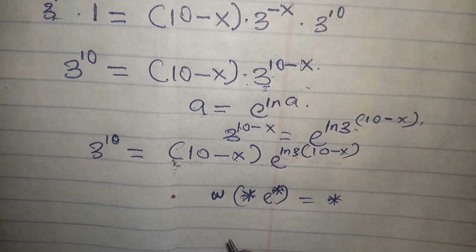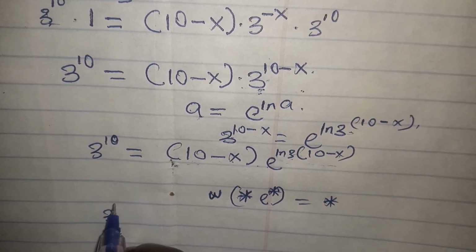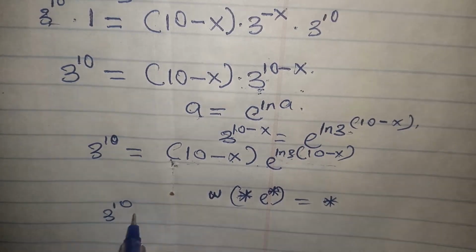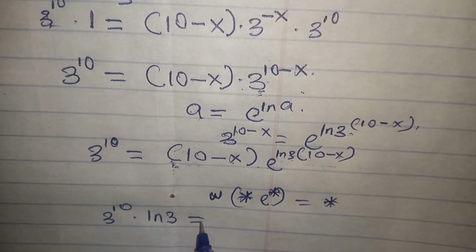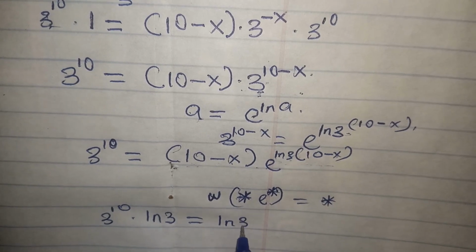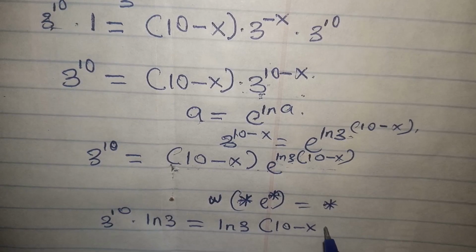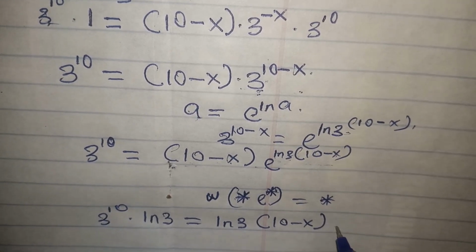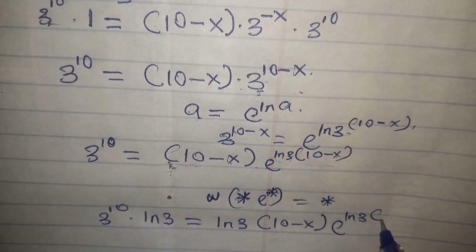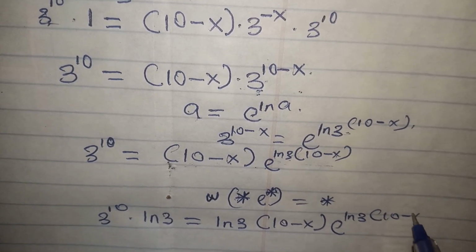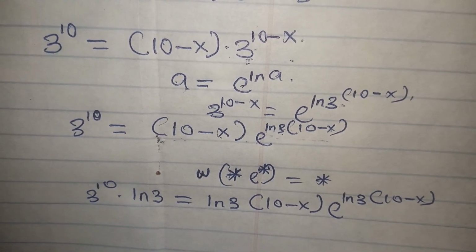So if we do that, we arrive at 3 to the power of 10 times ln 3 equals ln 3 (10 minus x) exponential ln 3 (10 minus x). So this is what we are now having.